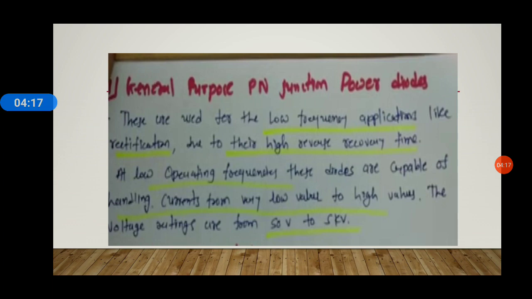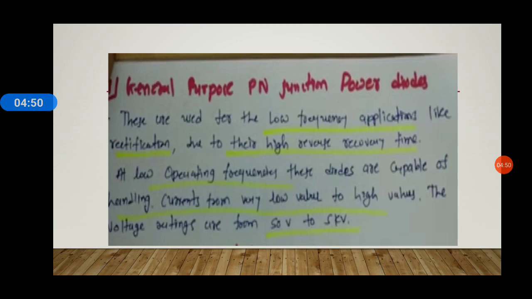Number one is the general purpose PN junction power diodes. These are used for low frequency applications like rectification due to their higher reverse recovery time. And also, at low operating frequencies, these diodes are capable of handling currents from very low value to higher values. And the voltage ratings are from 50 volts to 5 kilovolts.